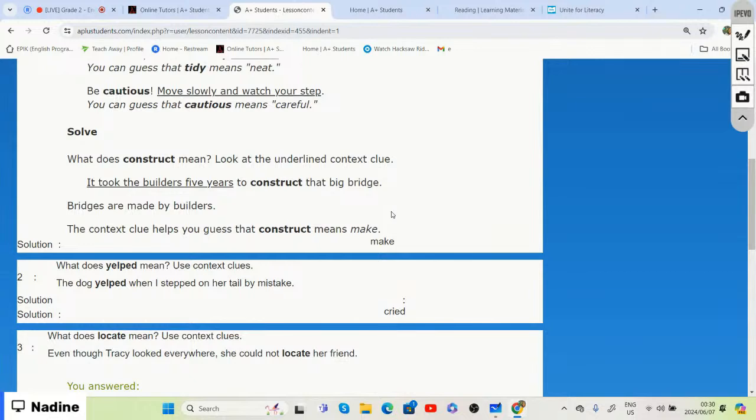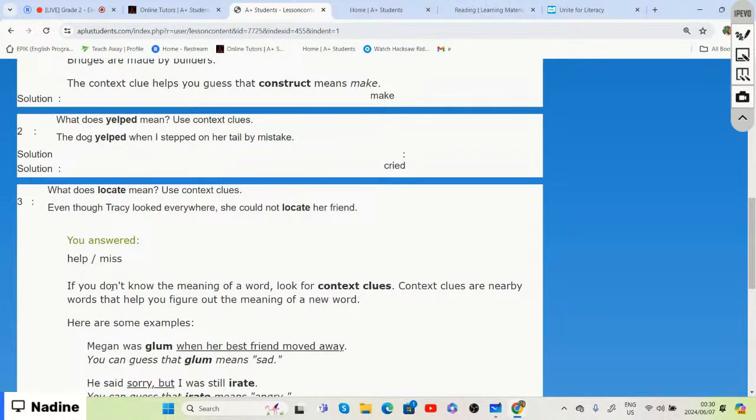It says that it yelps, but that is basically a dog crying.